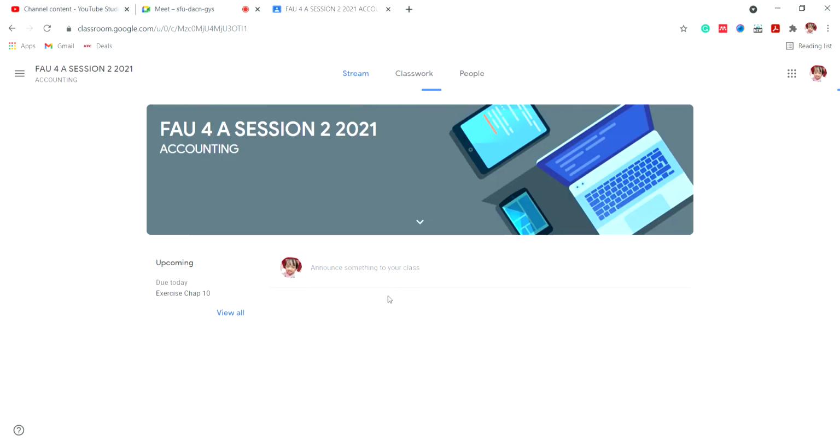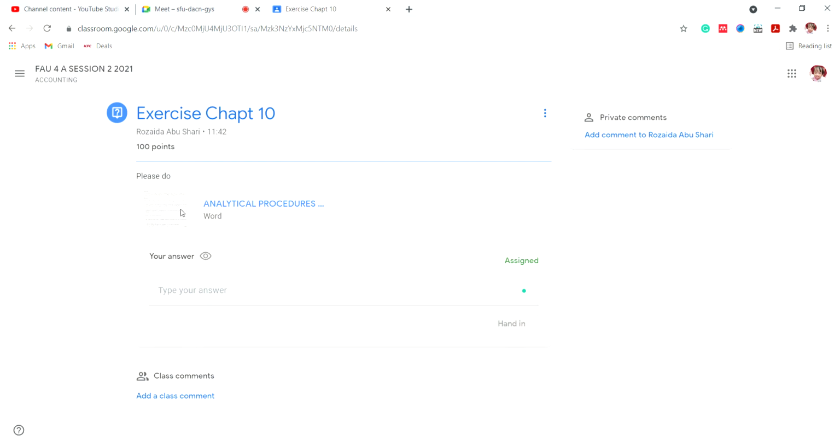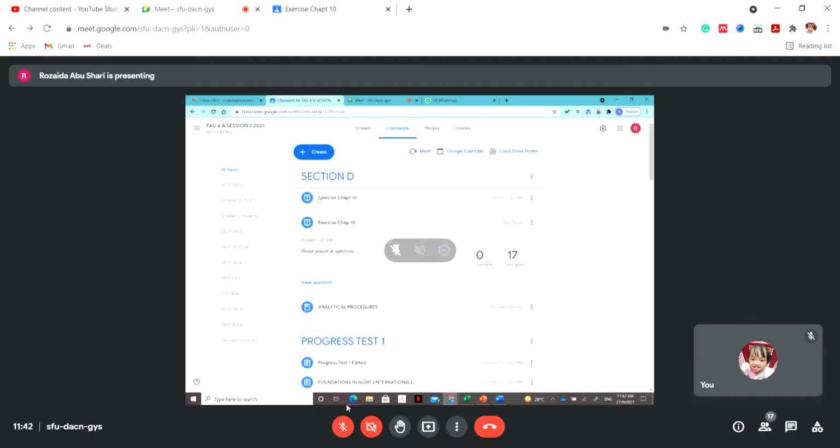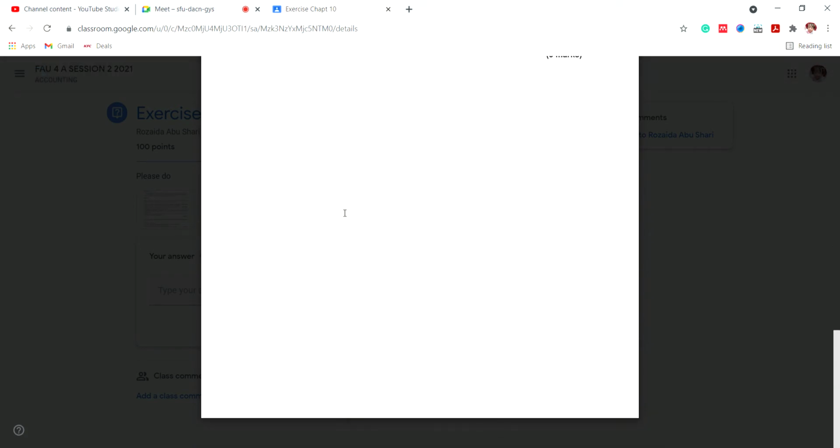Pelik ni. Tak ada tak apalah, awak tengok je lah dekat sini, nanti saya share. Ada? Okay. Pelik dia keluar question mark tu.